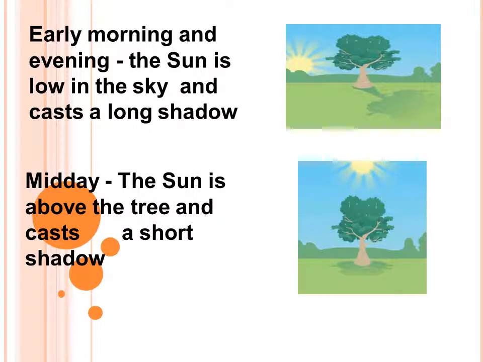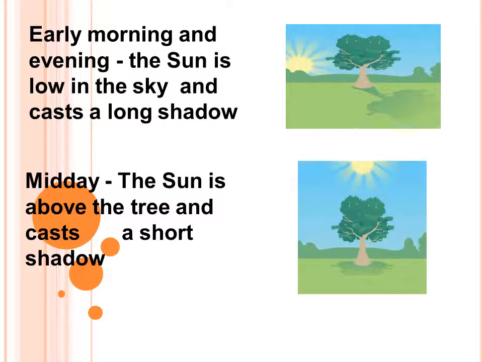And if it is above us, the shadow will be short in size. So in the early morning and evening, the sun is very low in the sky and casts a long shadow.